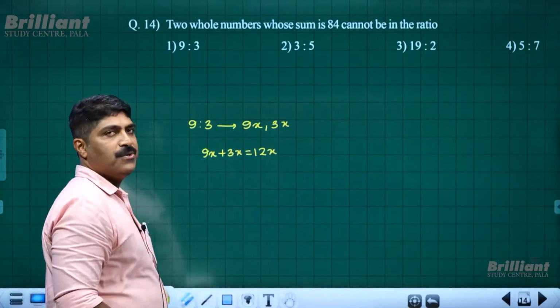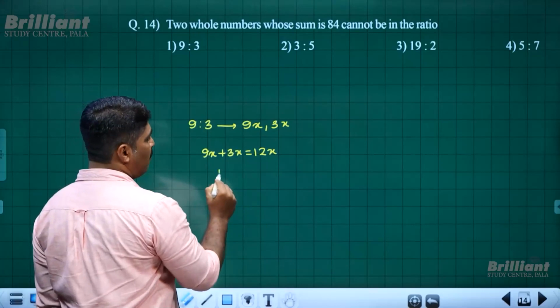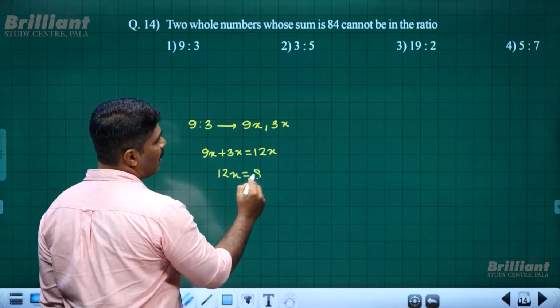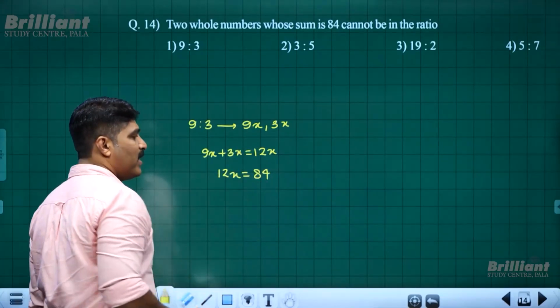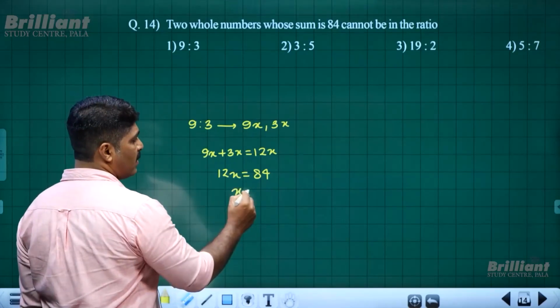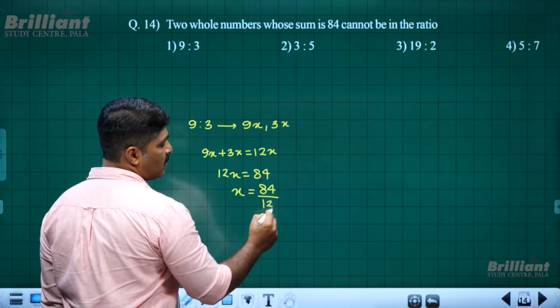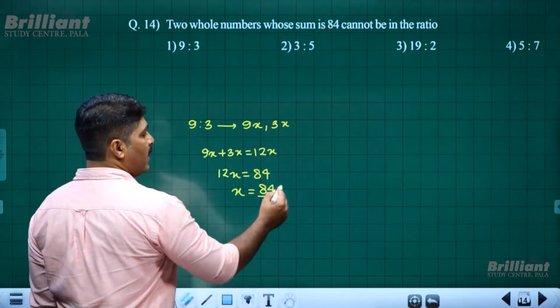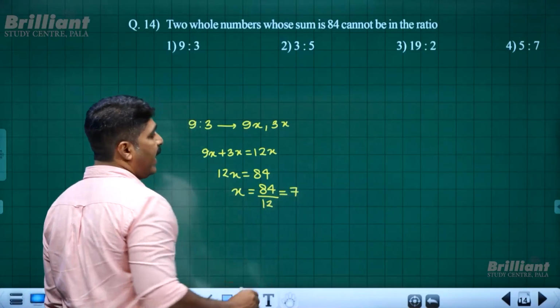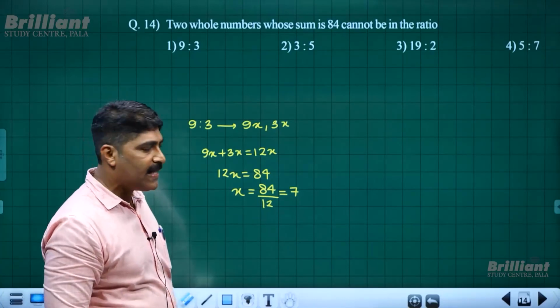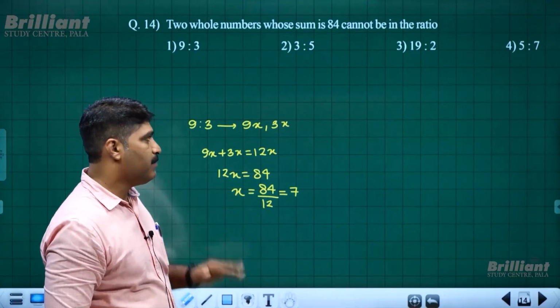Is it possible to distribute that number 84 in this ratio? So what is the simple test here? Whether this 84 is divisible by 12. Then only we will get that x as a whole number or a natural number. Yes, it's possible.